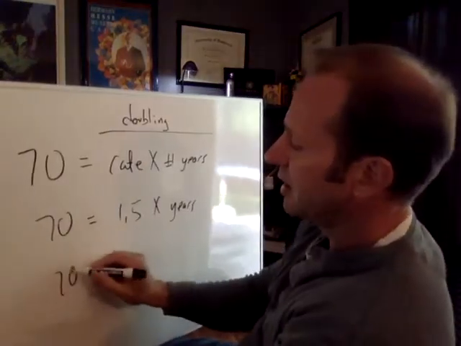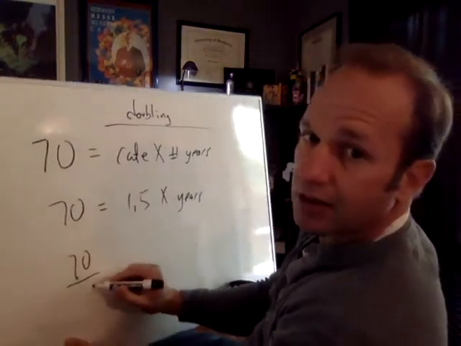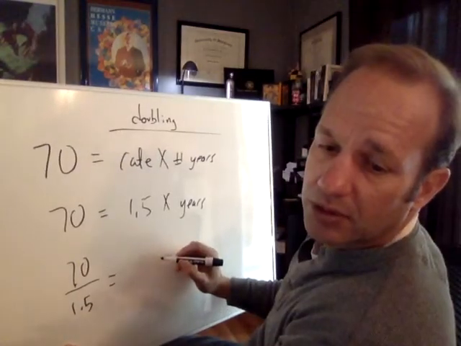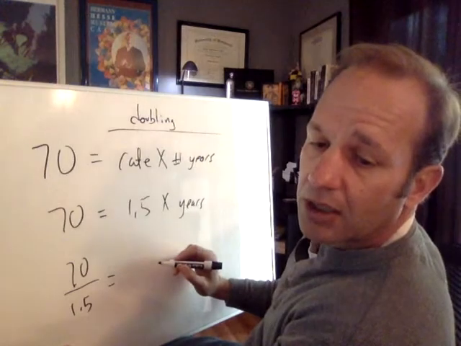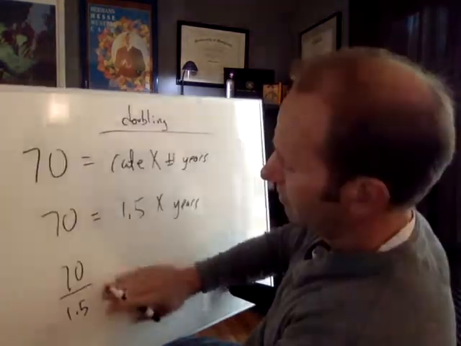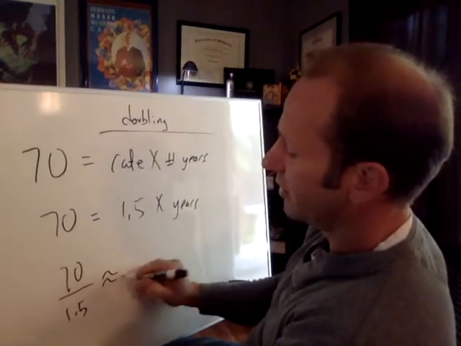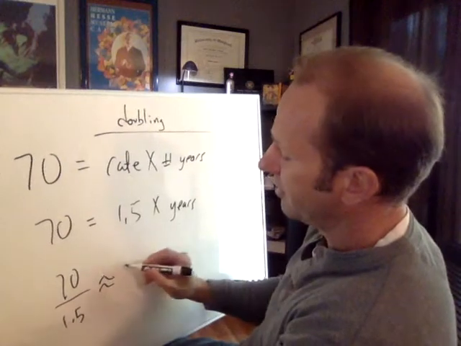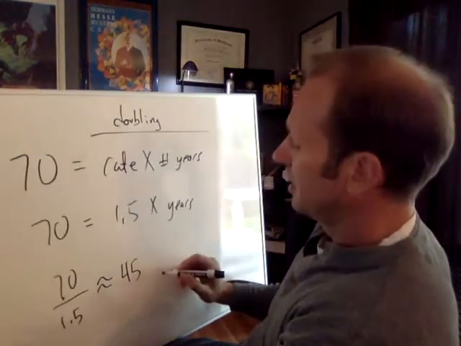So 70 divided by 1.5 is equal to, let me double check myself. When I first did this, I did it in my head, which is the idea. I didn't bother just now, I'm too tired. But I had noted, when I first did this, I said roughly 45 years.